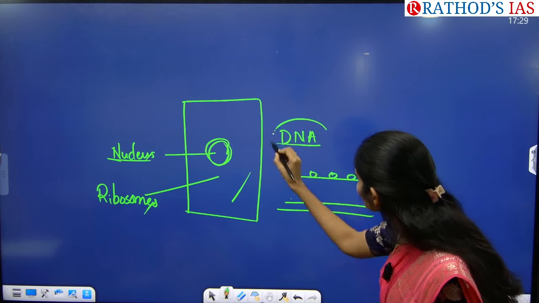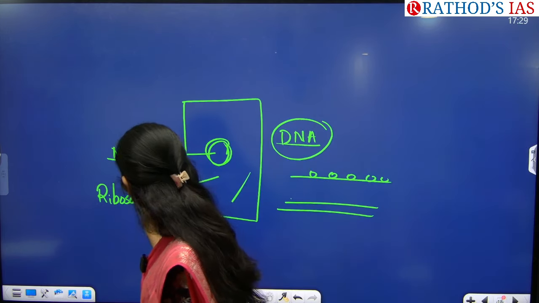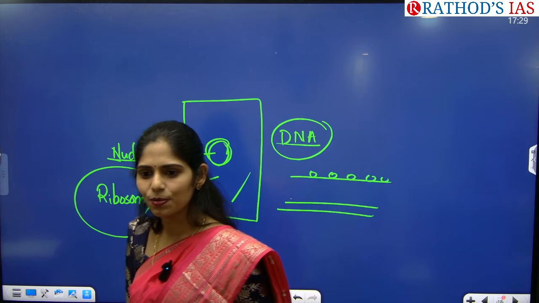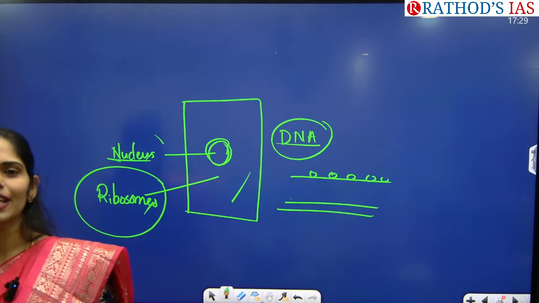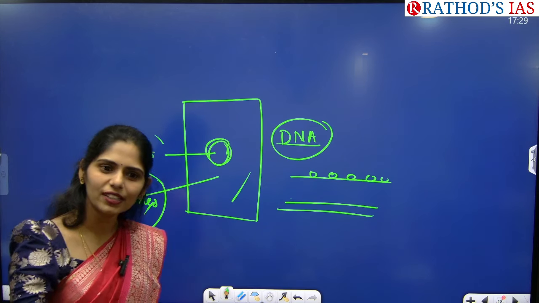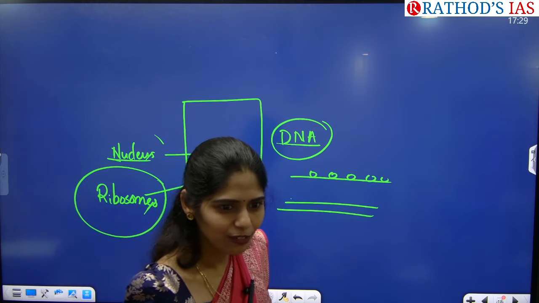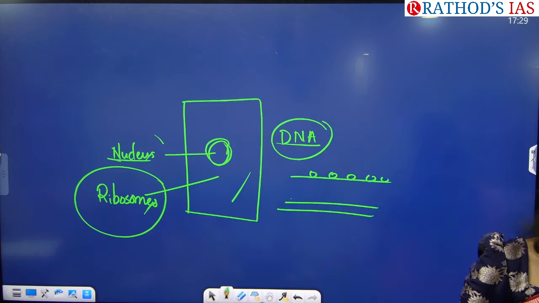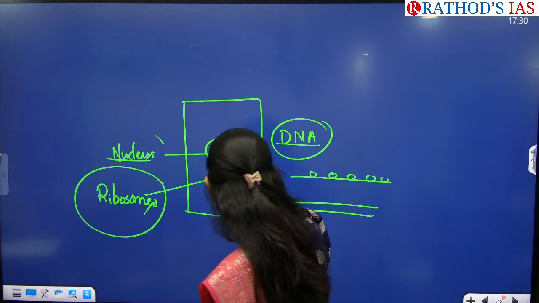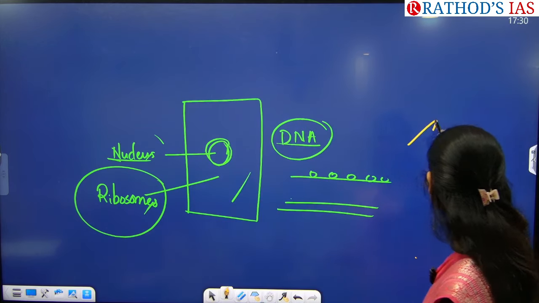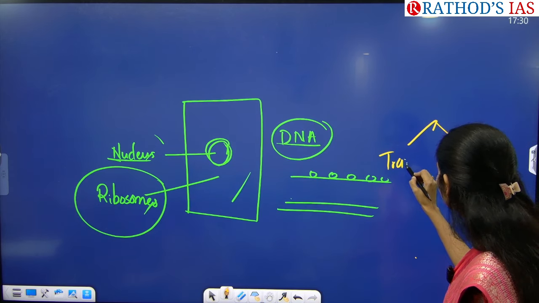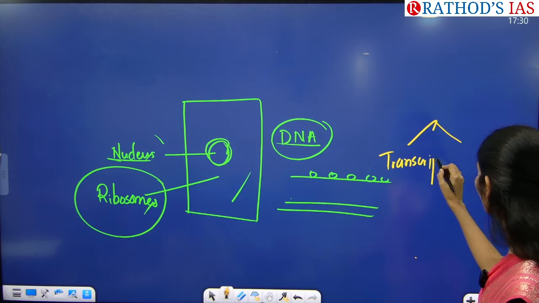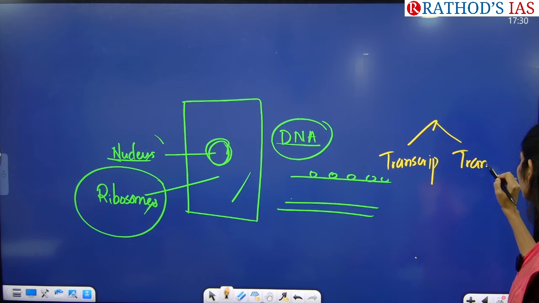So ribosomes and DNA, these two are involved in protein synthesis. Can you tell me what processes are involved? Have you heard of transcription and translation anywhere? Yes? Okay. So we have two processes in protein synthesis: first is transcription and next is translation.